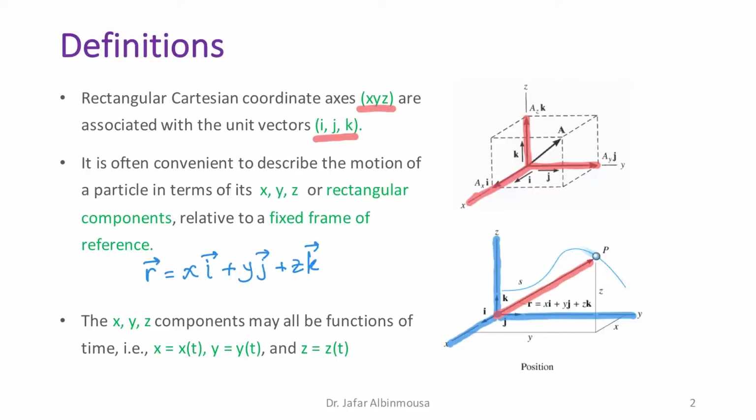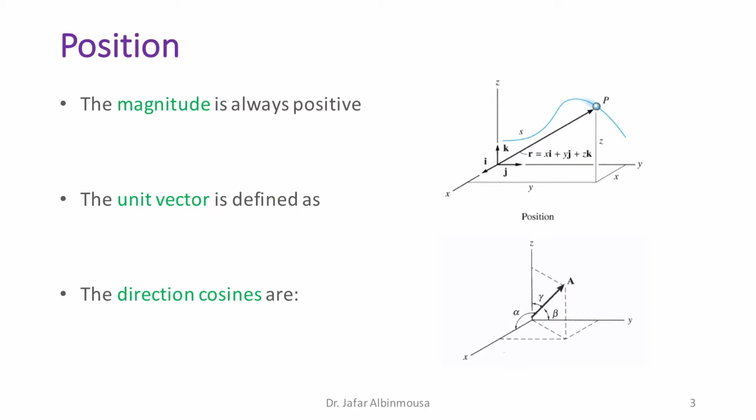What is important to know is that those x, y, and z can be functions of time, so they can change with time as the particle moves and the position vector itself is moving with it.